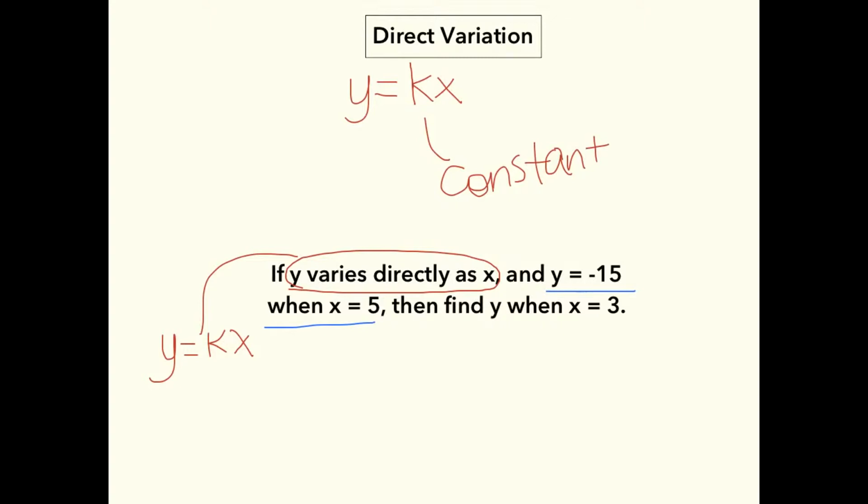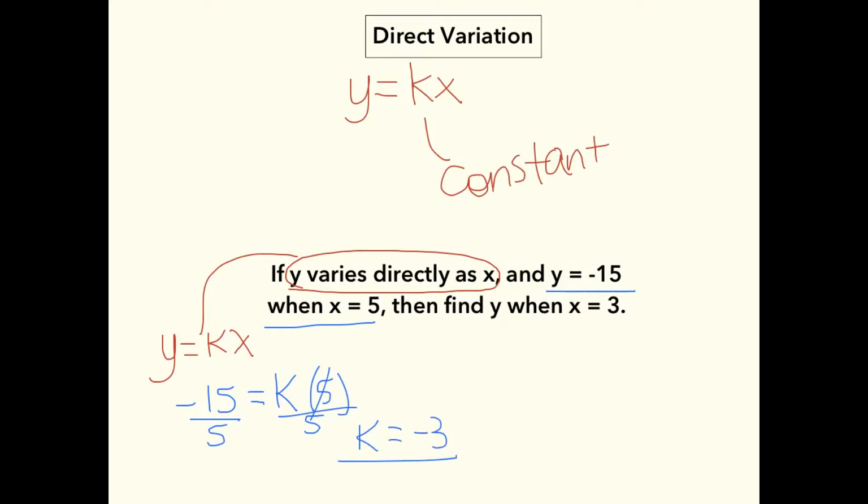That means we plug in negative 15 for y, and x is 5, so we can find our constant. We do that by dividing both sides by 5. So our constant is negative 3.